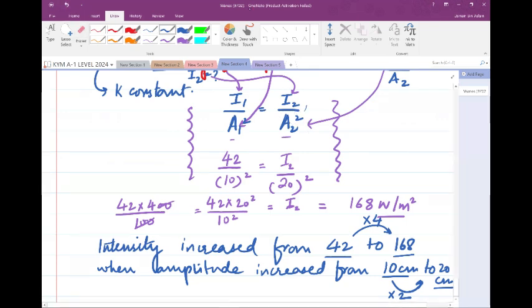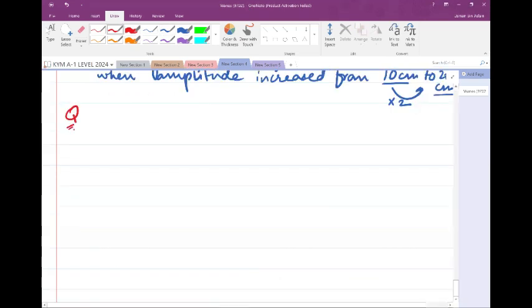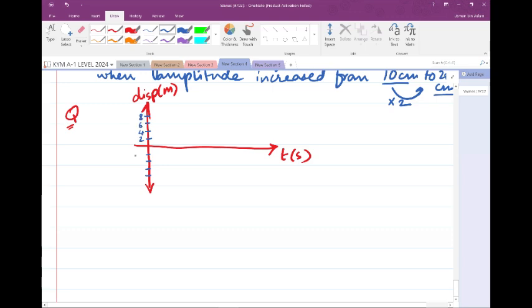Okay, we take a little break and see if you're following this process. Okay, here is a question. They show you on a graph this is a displacement in meters against time in seconds graph, and they also show you the values on the y-axis: 2, 4, 6, 8, -2, -4, -6, -8.